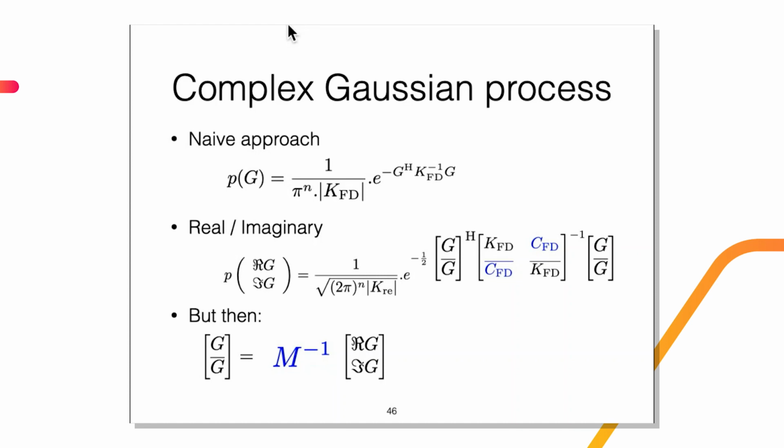And the matrices that you see there, the KFD, that's the covariance matrix as we know it. The CFD is the covariance between the complex variable and its complex conjugate. And that's actually required to be taken into account if you want to properly describe complex Gaussian variables.